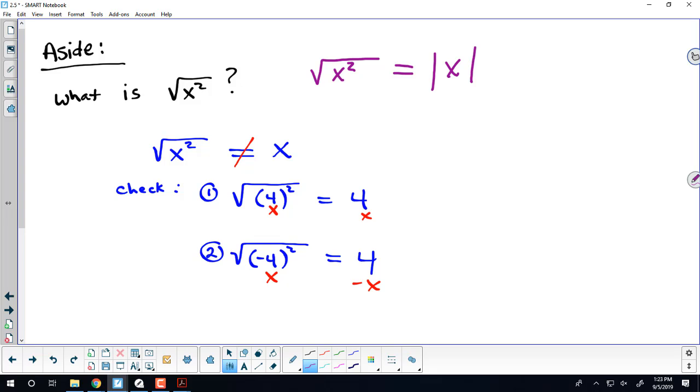So then that would work, right? If this were our input x for our square root of x squared, and we say the output is the absolute value of 4, which is 4. So our input matches our output. Same thing here. We would have to say that this is the absolute value of our input. So now that works, right?